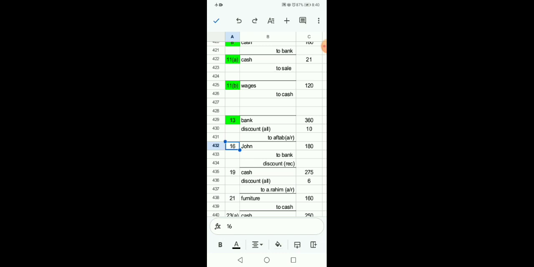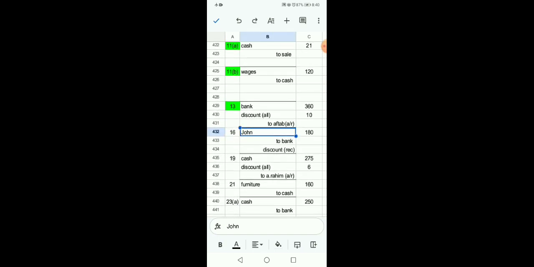That is the 16th entry. One second, I have to check that both amounts have been posted, 360 and 10. Okay, 360 and 10 both have been posted. Entry number 13 is completed. In entry number 16, there are three elements, but we are associated with two elements only, bank and discount. Both will be posted in the cash book, so we will post them step by step.